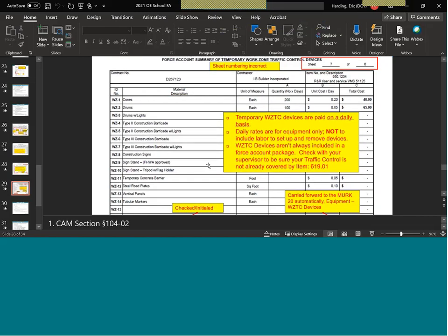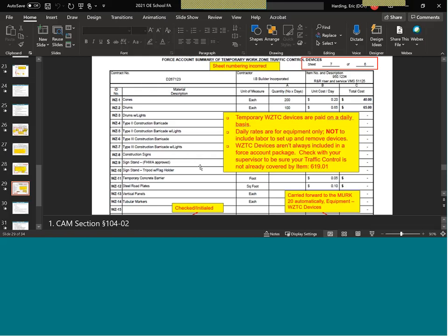Work zone traffic control devices, I don't see this a lot. First thing I would do, if I saw work zone traffic control devices on a force account, is I would get with the supervisor of the project and determine if the work zone is outside the scope of the basic traffic control item in the contract, 61901.